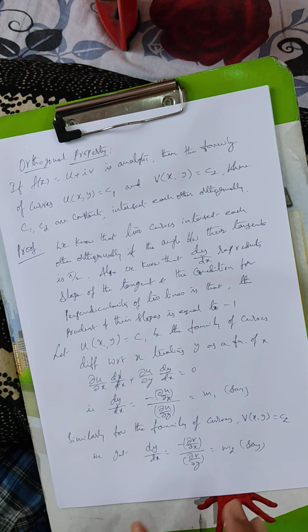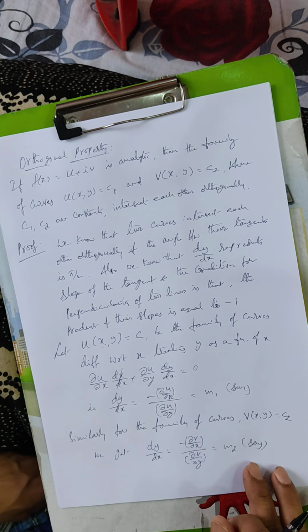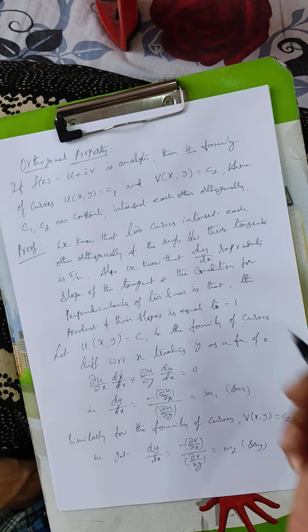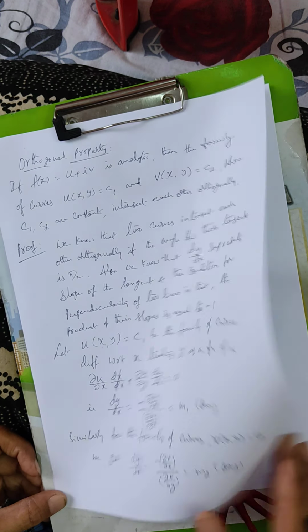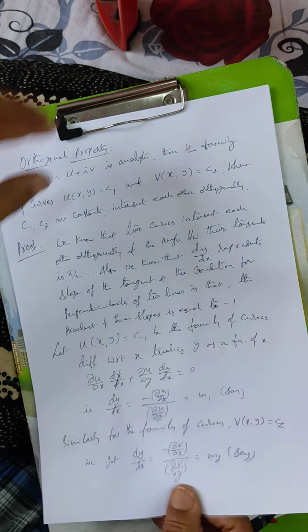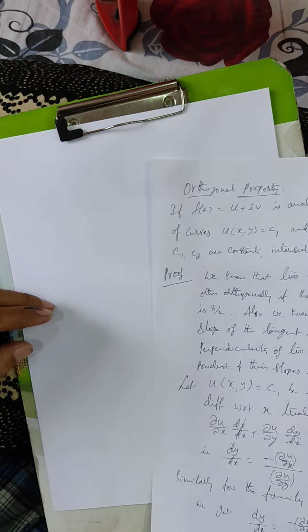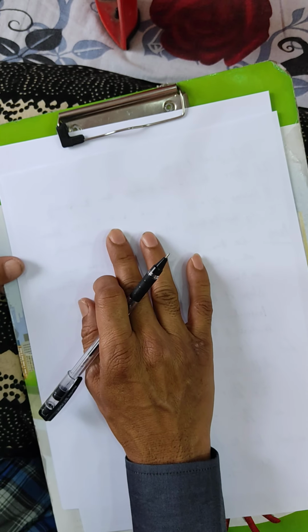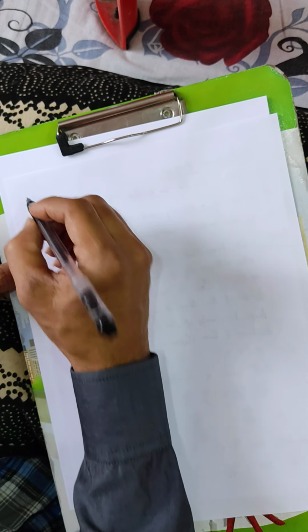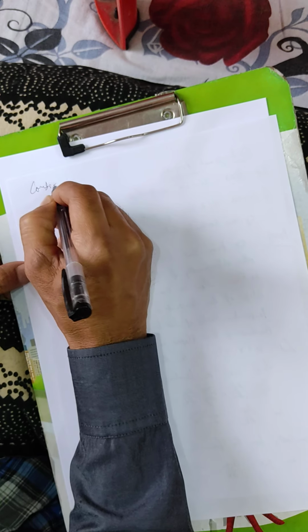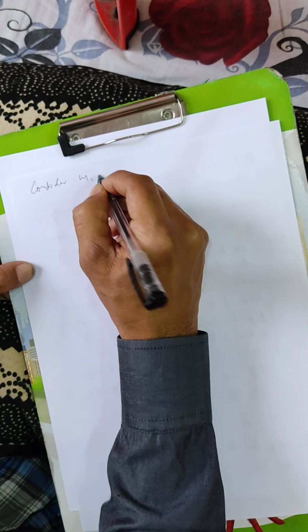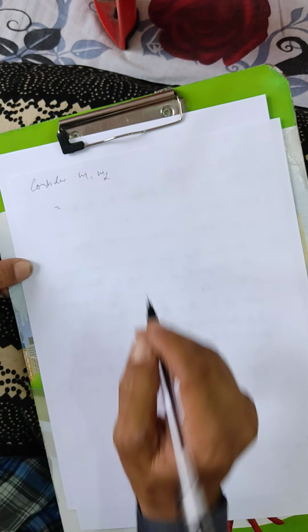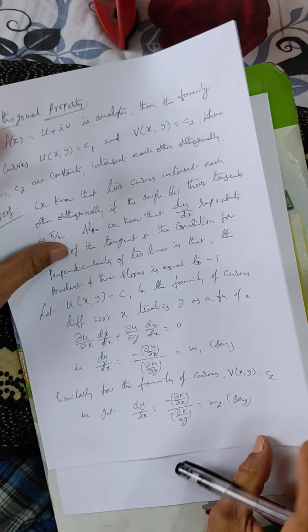Now let us consider the product m1 into m2. If it is equal to minus 1, then you can say those two curves intersect each other orthogonally. So consider the product m1 into m2. What is m1 we have?